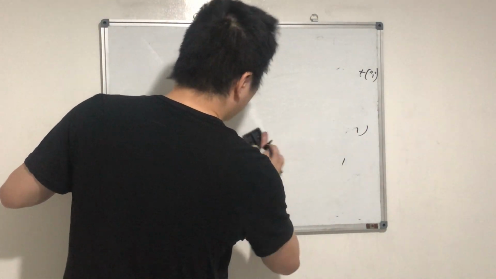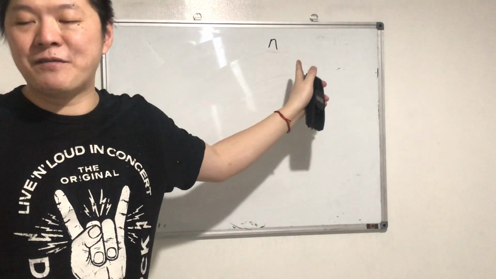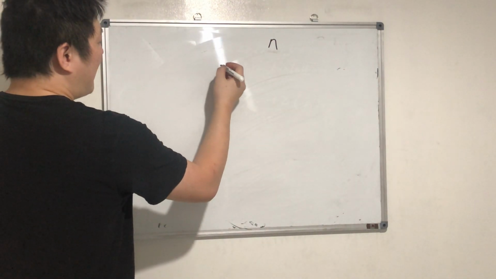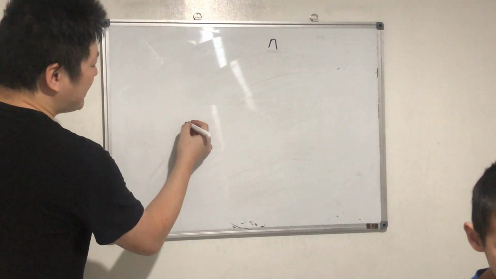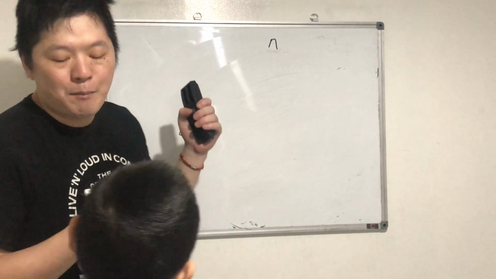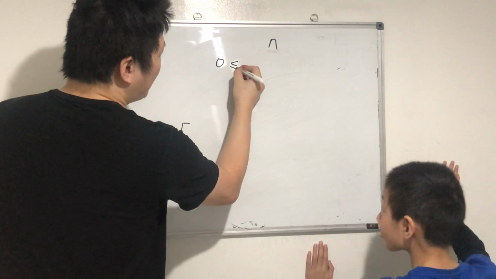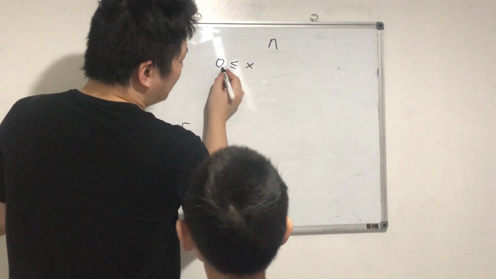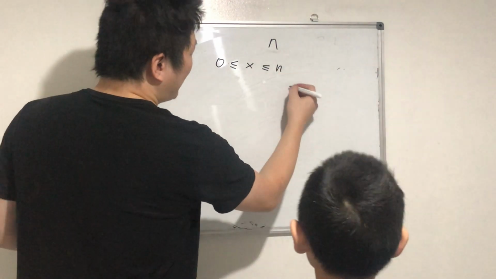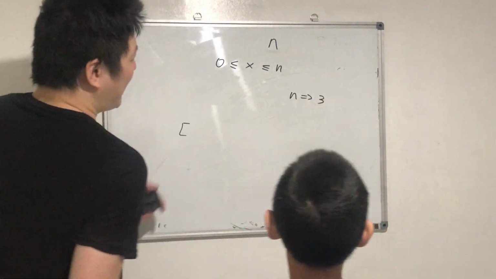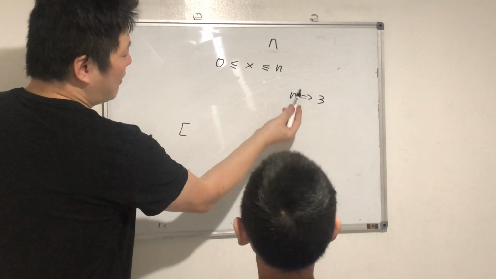Given a number n, I want you to print out a list of integers containing the number of bits for all numbers bigger than 0 and smaller than or equal to n. For example, this is when n is 3. So now I want you to find all the numbers bigger than 0 and less than or equal to 3.